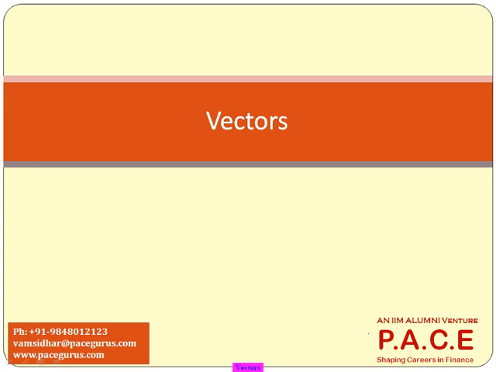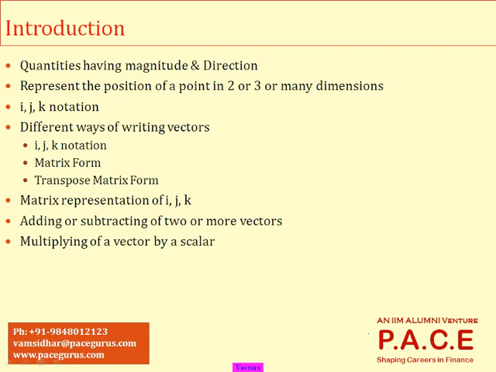Right. So the first thing which we are trying to look at is what actually is a vector. Any quantity which is being represented either in the two-dimensional space, at a point.